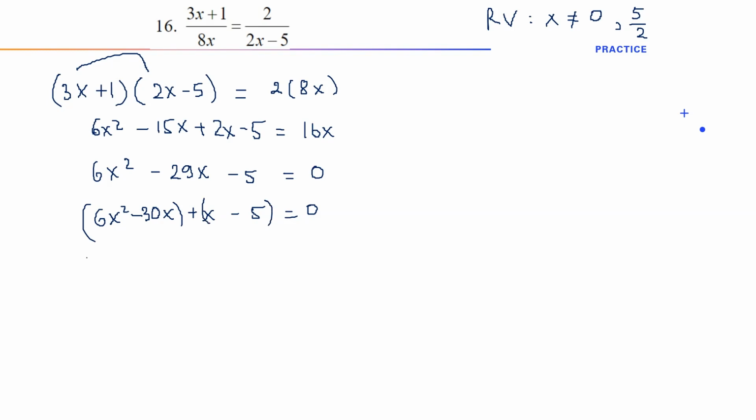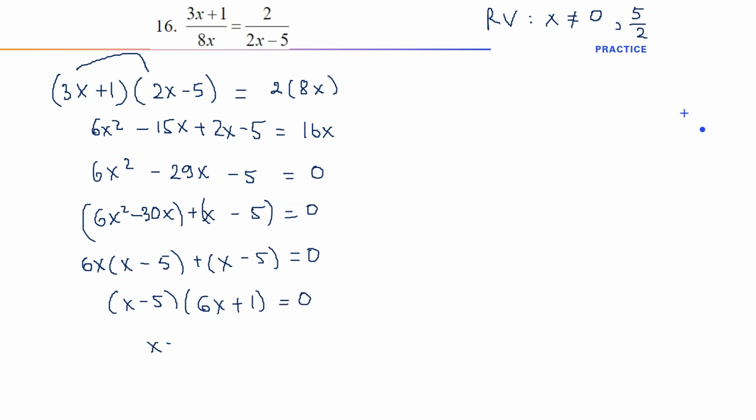We have 6x in common: 6x times x minus 5 plus x minus 5 equals 0. x minus 5 in common, 6x plus 1, that equals 0. x equals 5, or x equals negative 1 over 6. Check the restricted values, and yes, it's good.